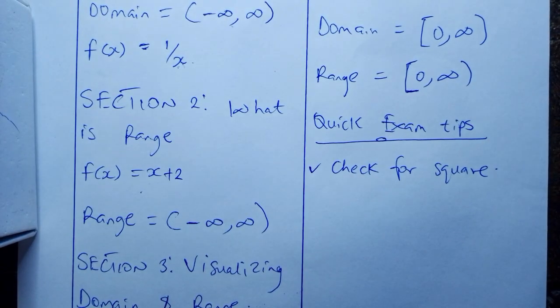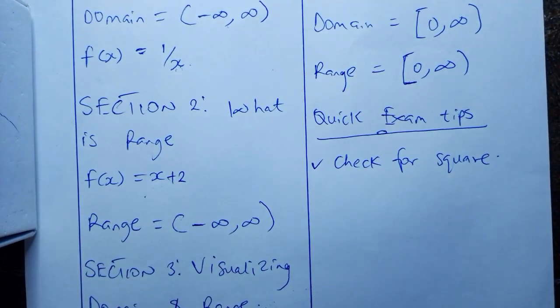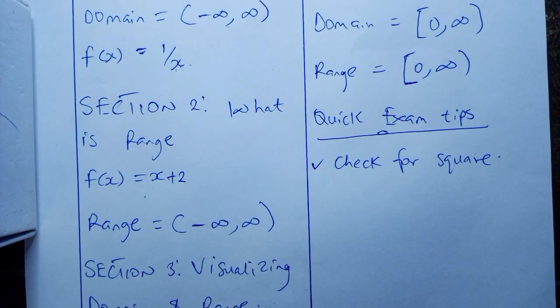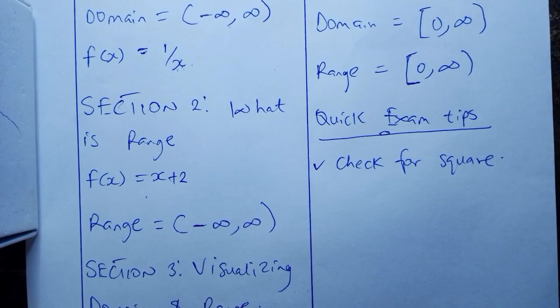What does this mean? If the function has a square root, automatically you know that the input can never be negative, because square root of a negative number is a math error. So once the function has a square root, know that the particular input cannot be negative. So you can easily find the domain. So check for square roots.